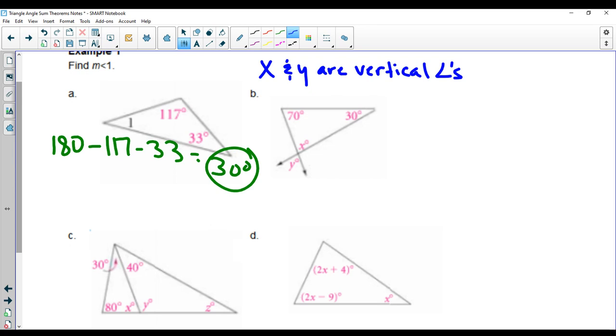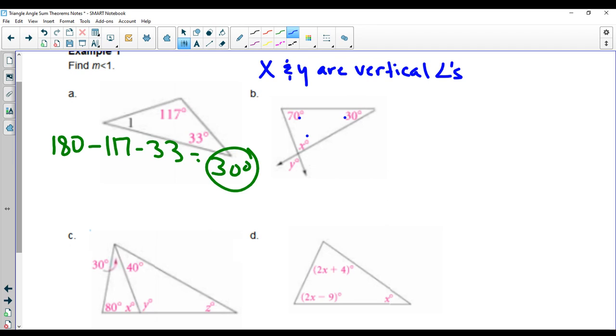And then we should remember that, hey, I know something about vertical angles. I know they're congruent. So if I find one of them, I know what the other one is automatically. Now let's be smart about this. The only thing we can find out quickly is what x is, because y is just some other random variable outside the triangle. We don't know what it is yet. But we can use this 70 and the 30 to get the x.